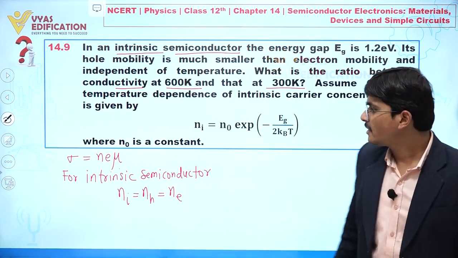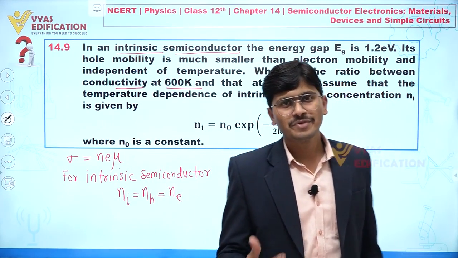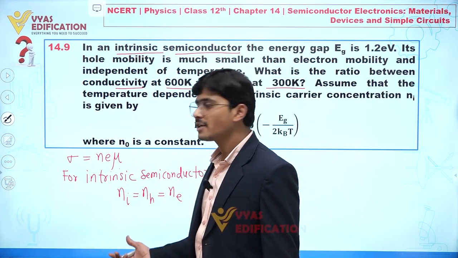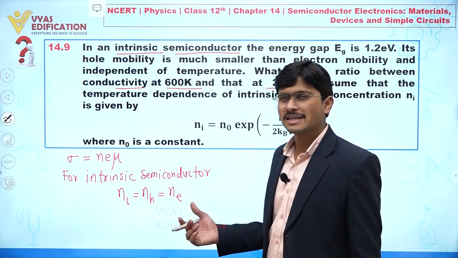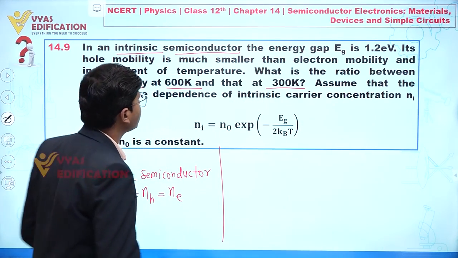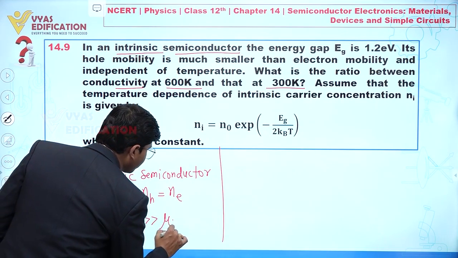It means the charge carrier concentration of an intrinsic semiconductor is equal to the total number of electrons, or the hole concentration, and this is the electron concentration. And we also know it is given in this question that the mobility of the electron is much higher compared to the mobility of the hole.